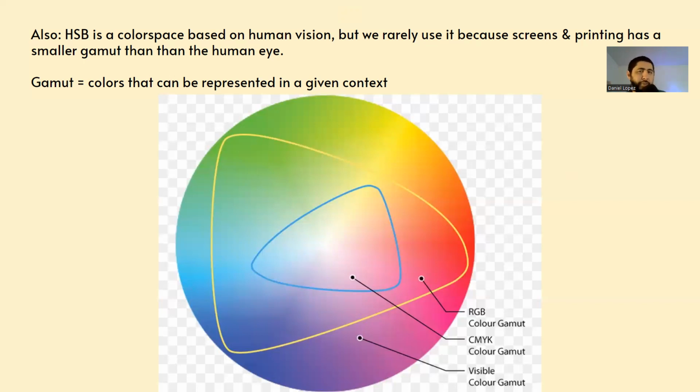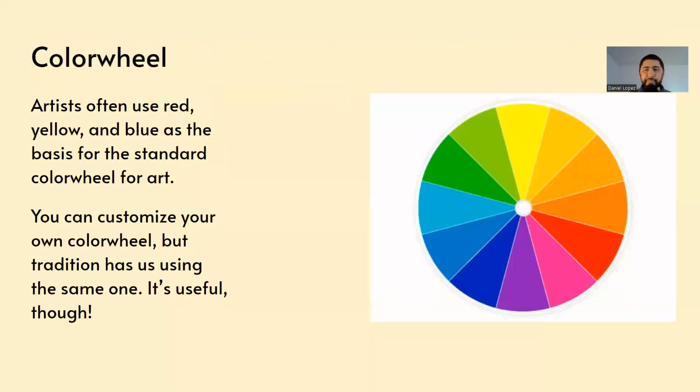And so when you print a color photo, you'll notice that the colors look kind of weird or different than they did on the screen. That's because with the CMYK subtractive color gamut, there are fewer colors available, right? It's based on physics and stuff like that, so let's not get into that.